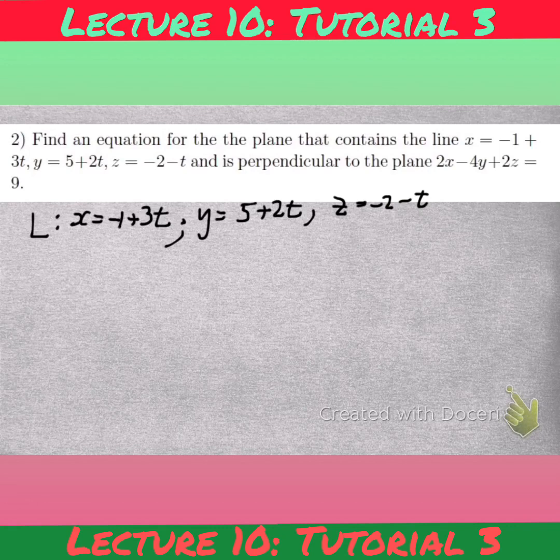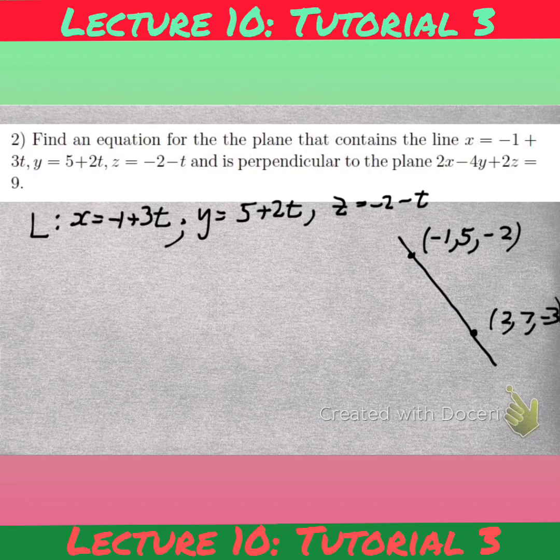And so we're working with that line there, and you can take 2 points on that line. Where t is equal to 0, the point is (-1, 5, -2), and where t is equal to 1, the other point is going to be (2, 7, -3).